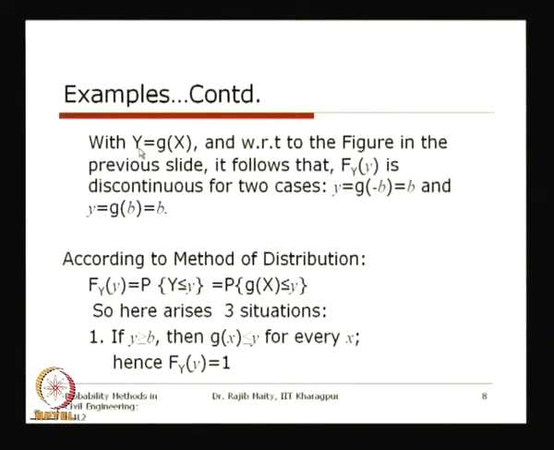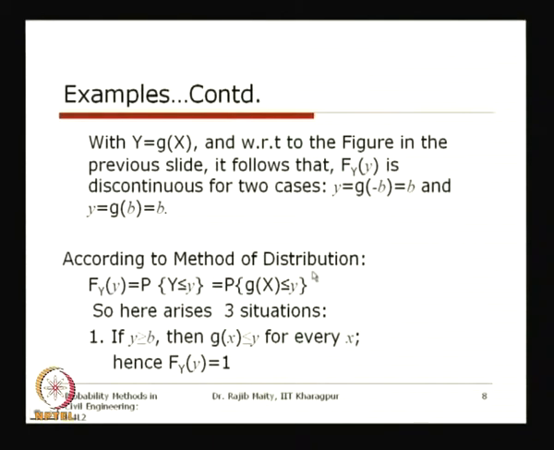With y equal to g(x), as in the figure just shown, it follows that y is discontinuous at two points: at minus b and at b. At these points the function is discontinuous, because mathematically two straight lines meet there.